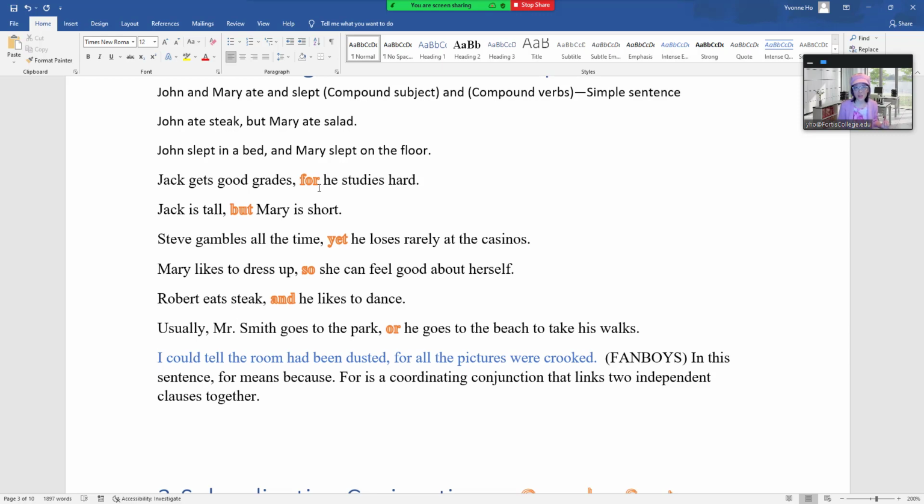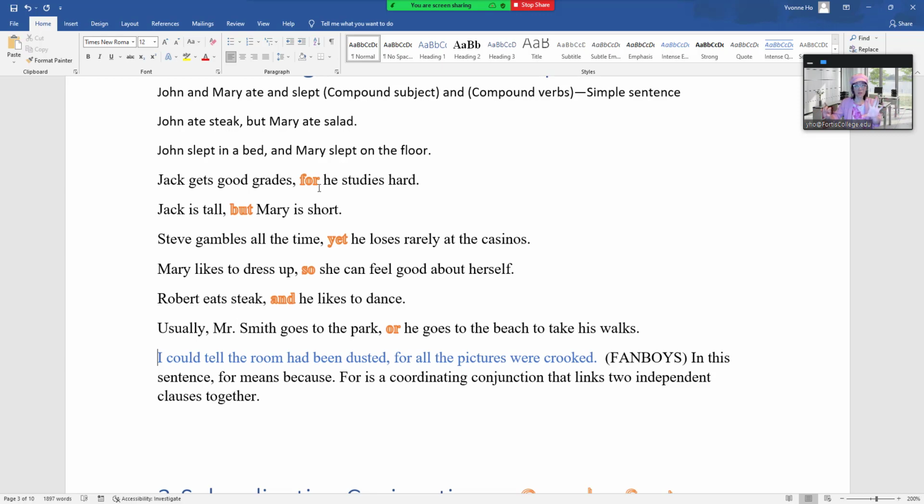So Jack gets good grades for he studies hard has the same meaning as Jack gets good grades because he studies hard. I could tell the room had been dusted because all the pictures were crooked. So instead of saying because, another way of saying because is for: for all the pictures were crooked. And so in a compound sentence, you have FANBOYS that link two independent clauses together.